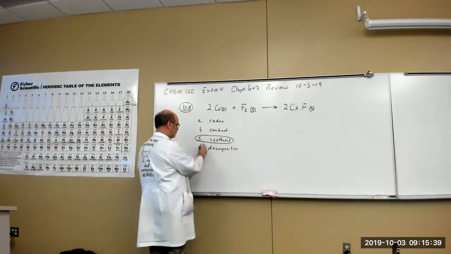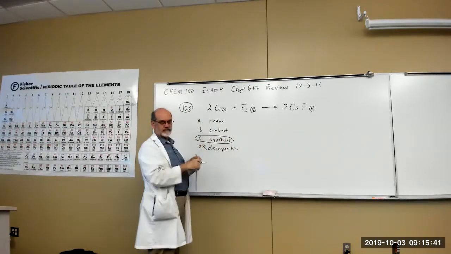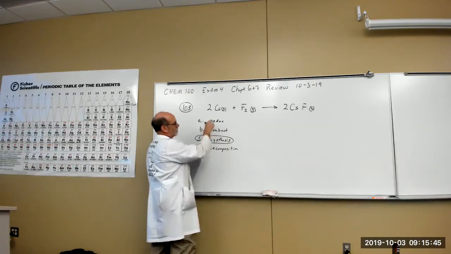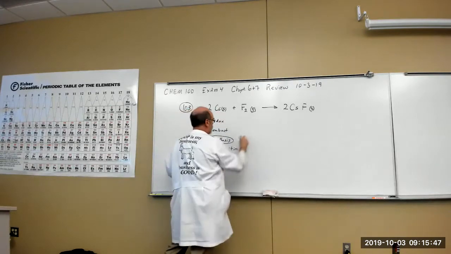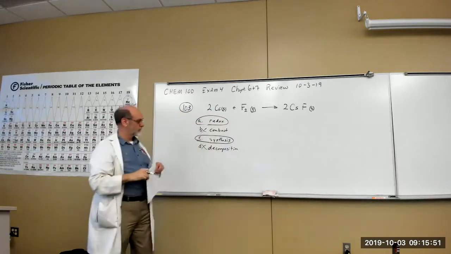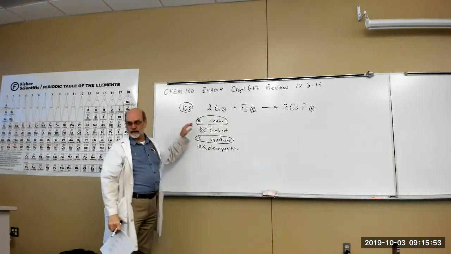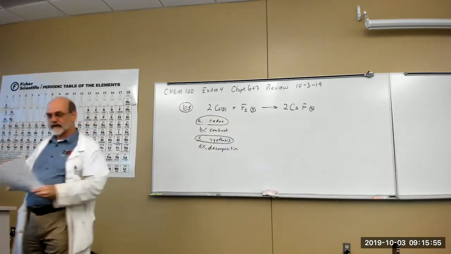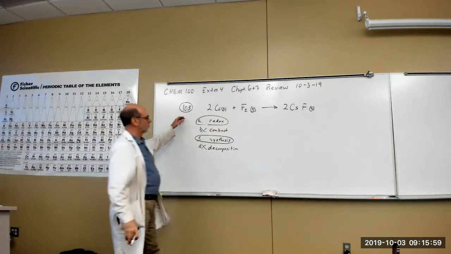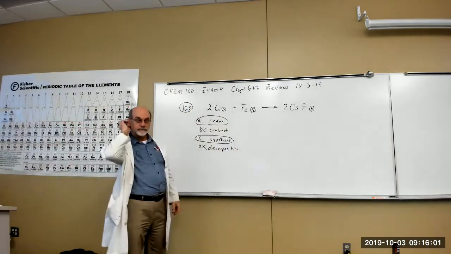Right. It's not a combustion, right? But you have an element here and a compound there. It's redox. So it's synthesis and redox. So that's a case where we have two that satisfy the conditions of the reaction.